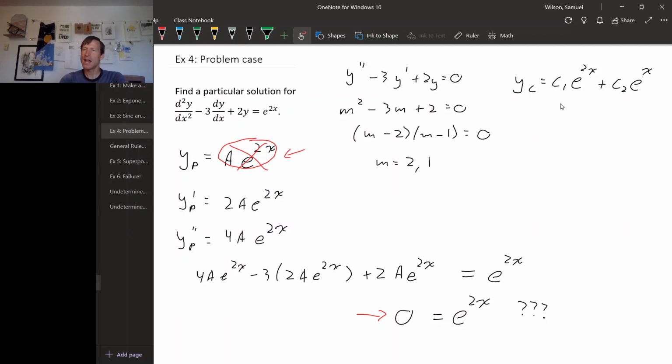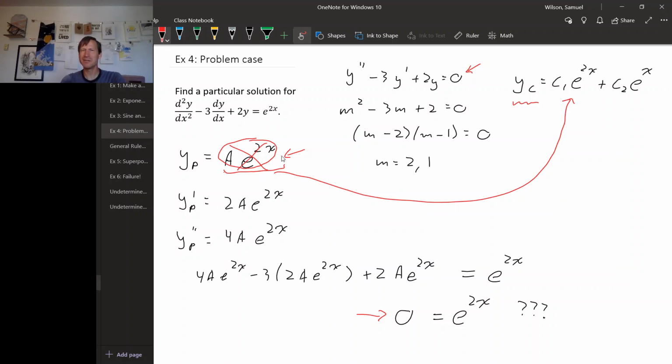Okay. And actually, now this shows us why our guess was a bad guess. This guess that we made, some constant times e to the 2x, it's actually part of the complementary solution. So remember, what that means is this complementary solution, if you plug this into the left-hand side, you get 0. That's what the complementary solution is, because it's a solution to the associated homogeneous equation.